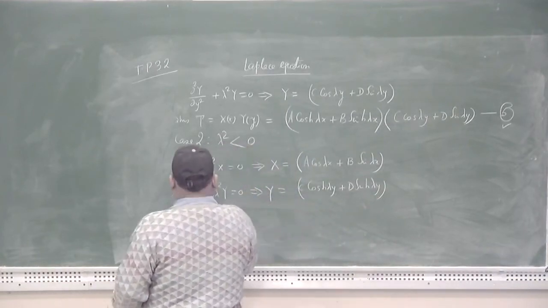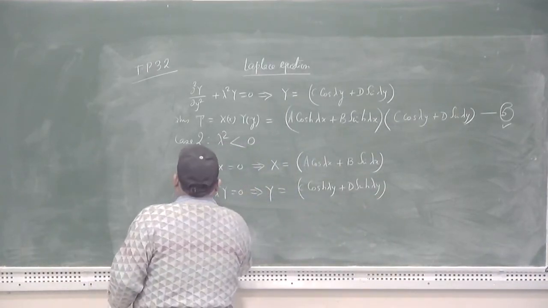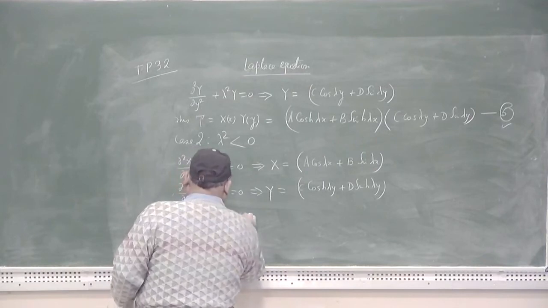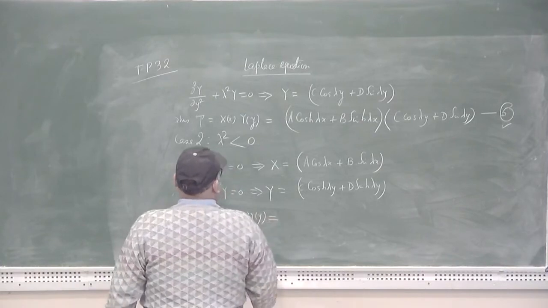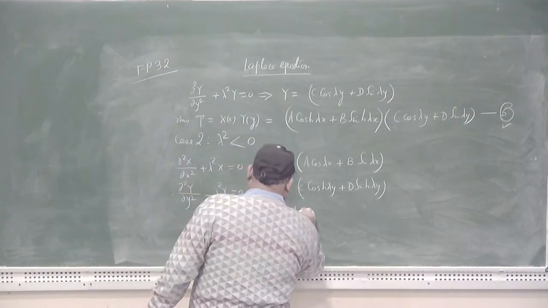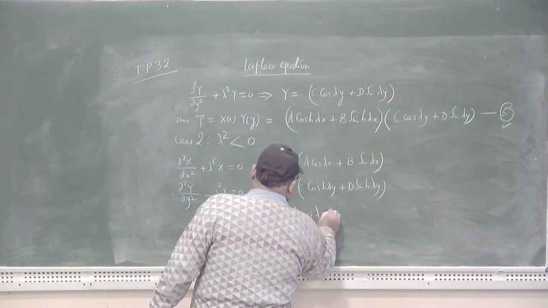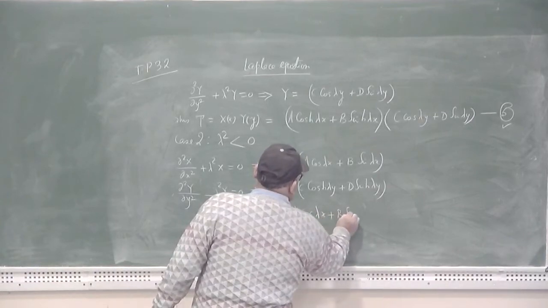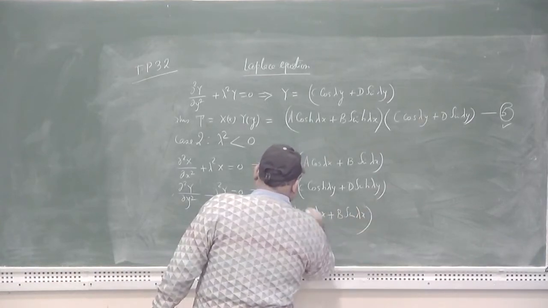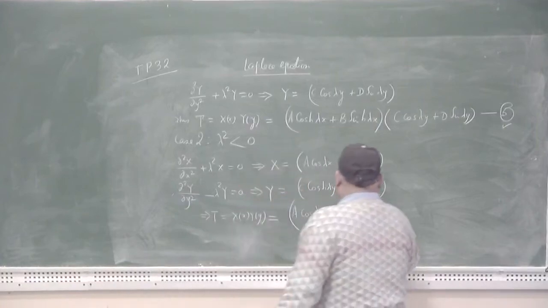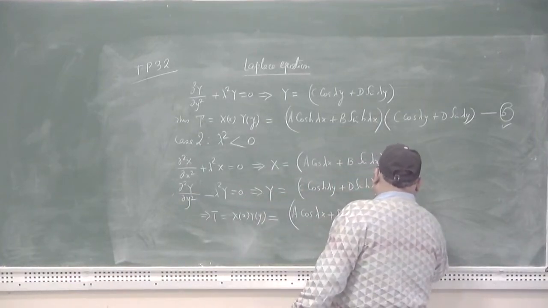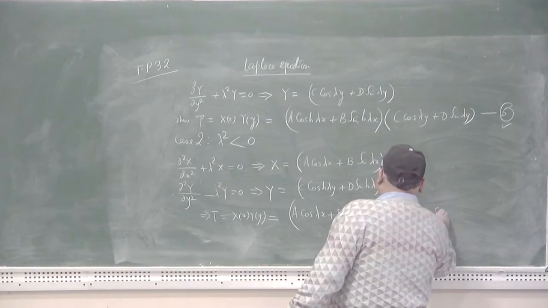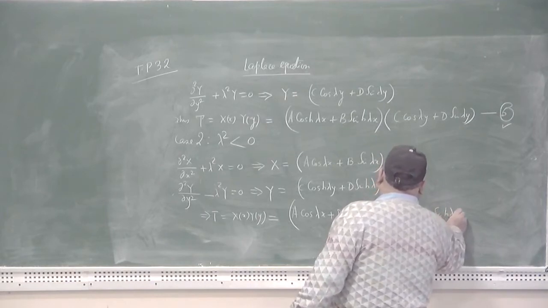and hence T, that is X(x) Y(y), will be given as (A cos lambda x plus B sin lambda x) into (C cosh lambda y plus D sinh lambda y).